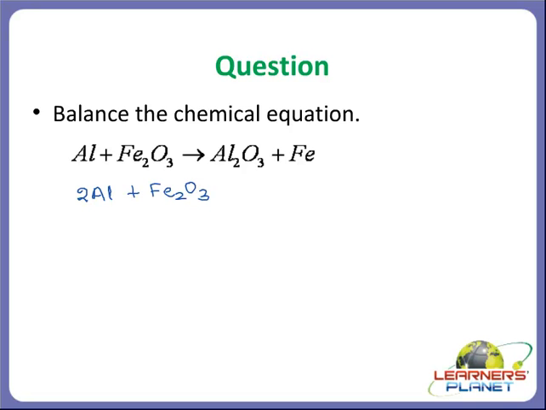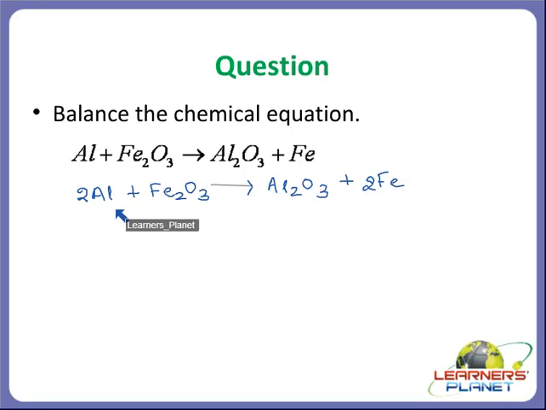What is the product it is forming? It is forming Al2O3. That is, your aluminium is balanced. So I'll write Al2O3 plus Fe. Just check, children, how many iron are there on the LHS? 2. So on the RHS, how many iron should be there? It should be 2.